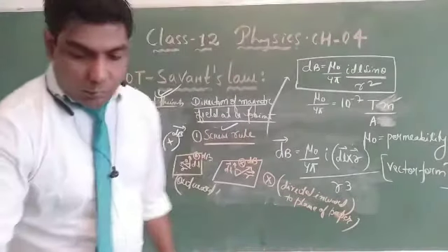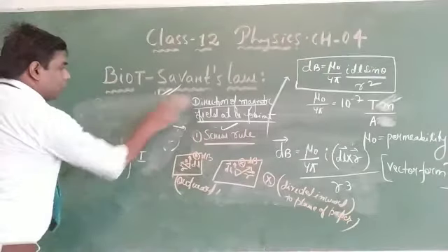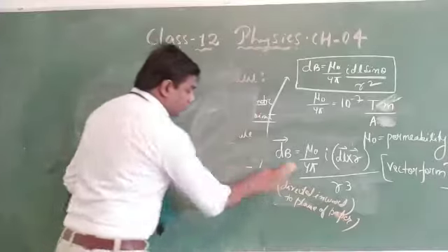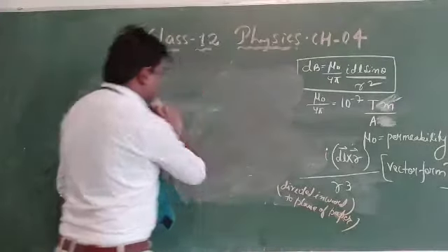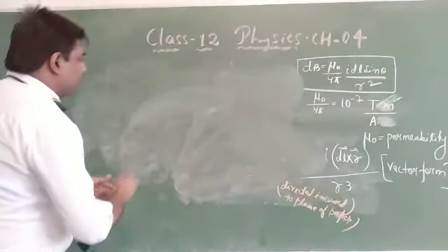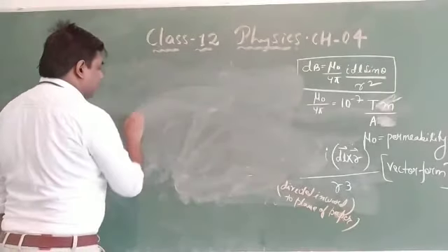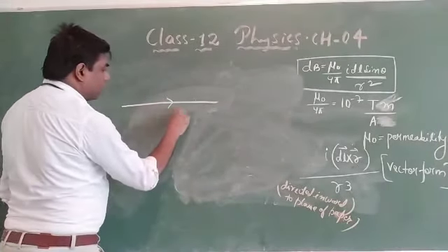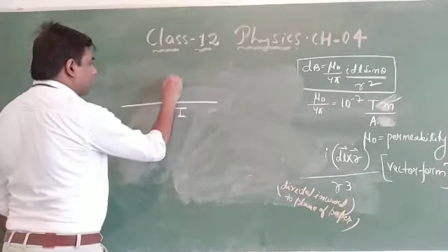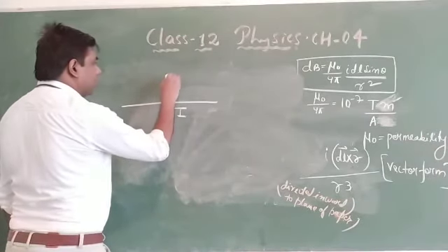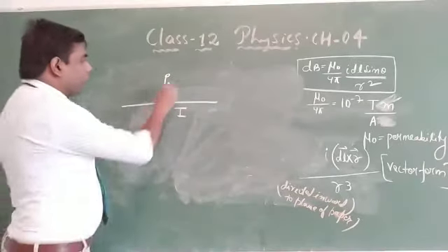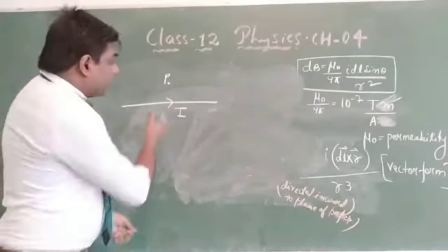Right. Let us see one more example. For example, let us say at point P, we have to find the direction of the magnetic field, and the direction of current is this side.